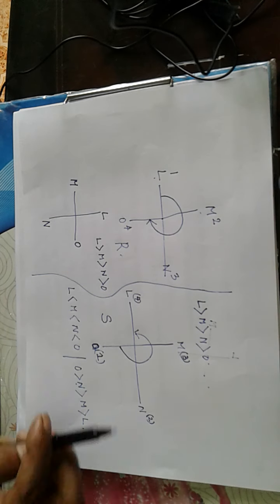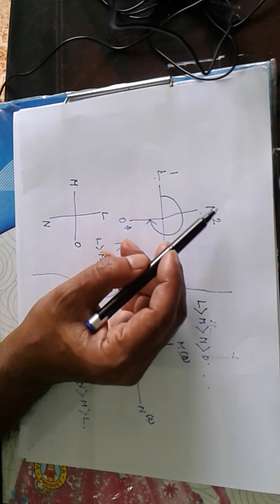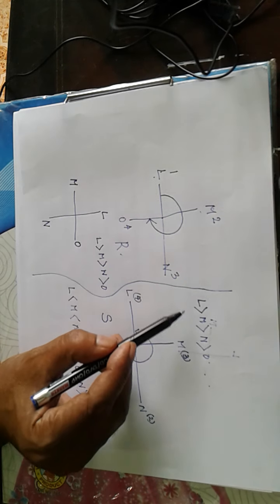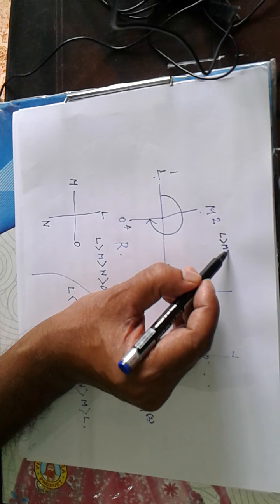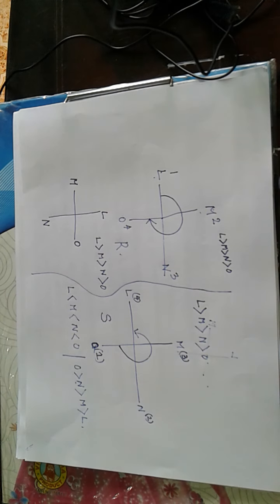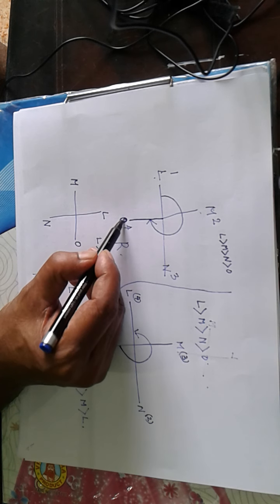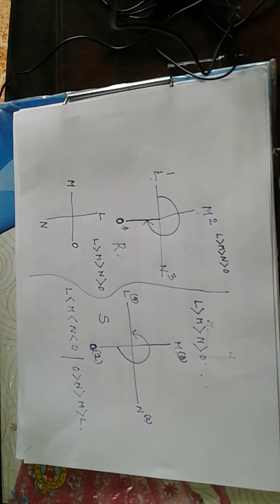Now the most important thing is that in the Fischer formula, here we have the groups L, M, N and O connected to the asymmetric carbon, and the preference is L greater than M greater than N greater than O. We should arrange the Fischer formula in such a way that the group of least priority, that is O, should be at the bottom of the vertical line.